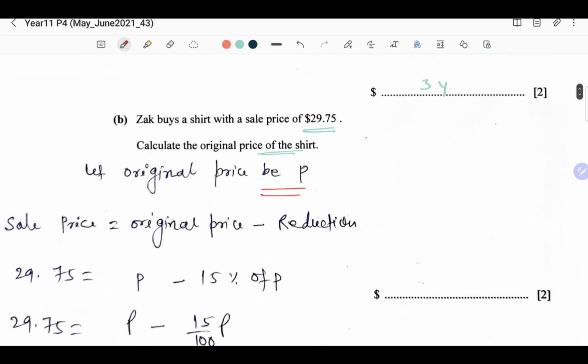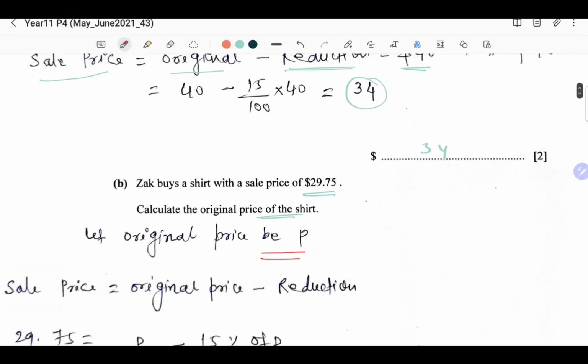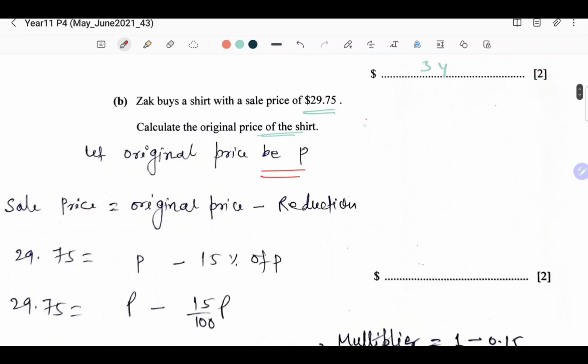Now another way to calculate the original price. How much is the reduction, guys? Earlier 15%, right? So we know that the multiplier is 0.85, right? So sale price equals original price, which we don't know, that is P, times the multiplier, 0.85.